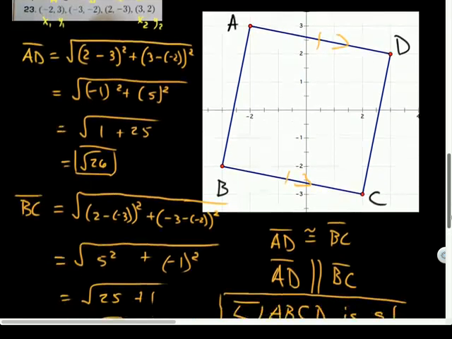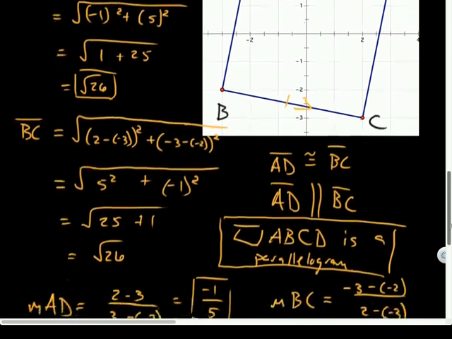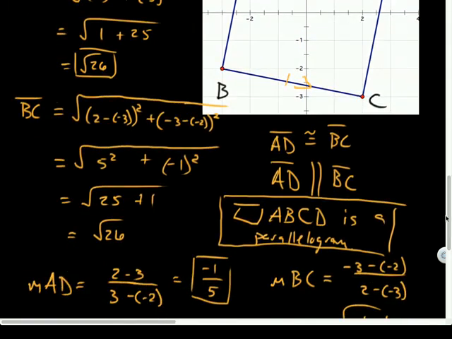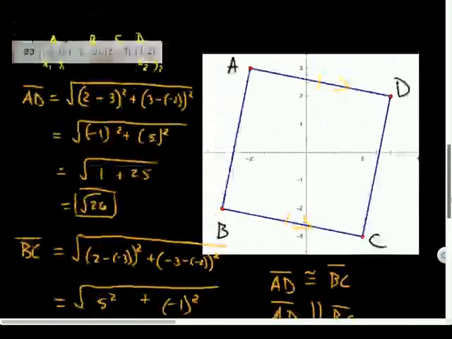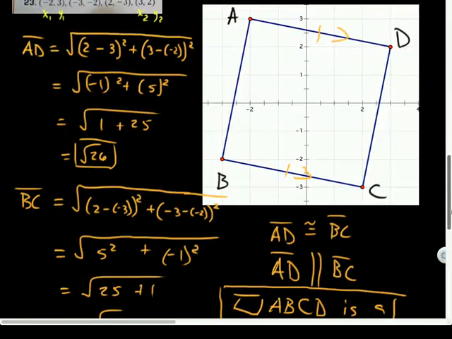Because I just as easily could have come to the conclusion that no, it isn't a parallelogram, because the distances were not the same, or the slopes were not the same, or if I did the midpoint of the diagonals, that those were not the same. So the actual proof was the answer, not the conclusion that you came to. There's a bunch of different ways you could have done this problem, but this way at least demonstrated some distance formula and some slope formula, making sure we're awesome.